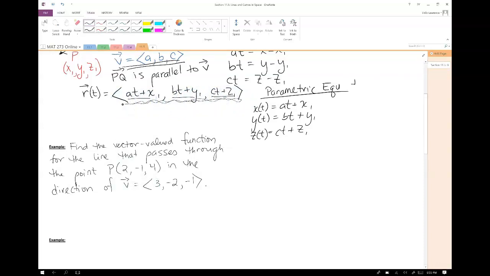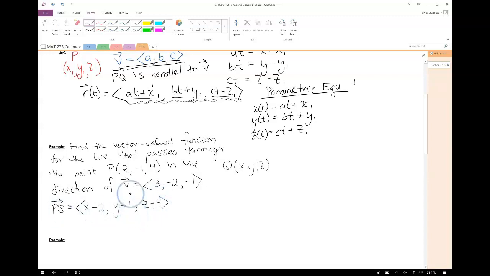But just to help you get a handle on that formula, I'm still going to work it out with the ratios. So we just pick a generic point Q, which we're going to force it to be on the line. We're going to create vector PQ. So I'm going to have x minus 2, y plus 1, z minus 4.